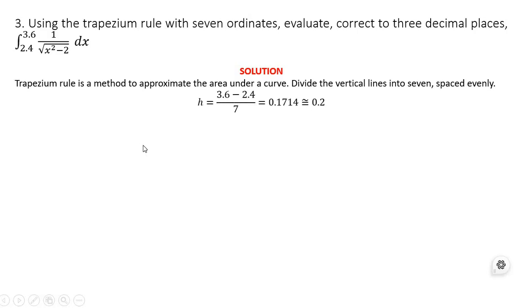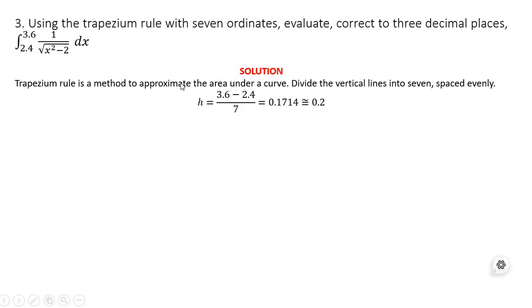We find the h, that's the width of the sub intervals, by taking the range of the interval given to us. We are moving from 2.4 to 3.6. That's the range given to us, so we divide it by 7.